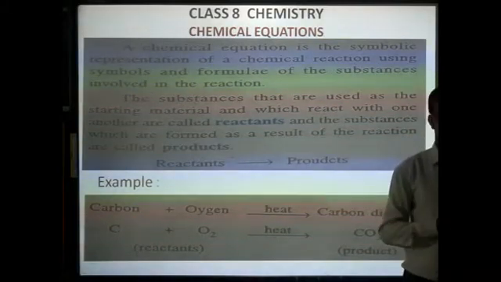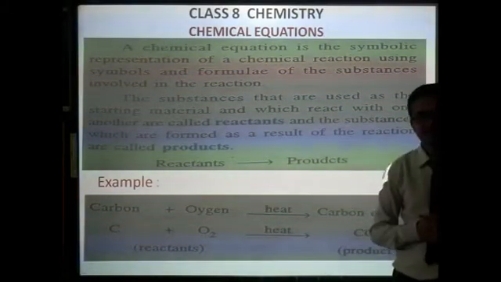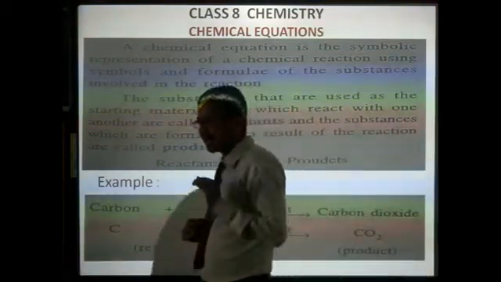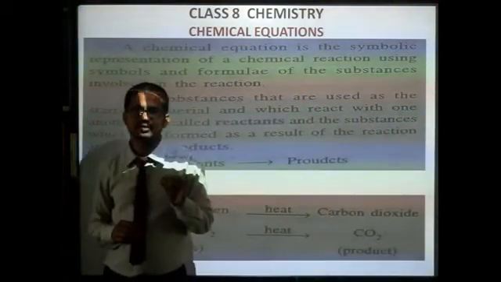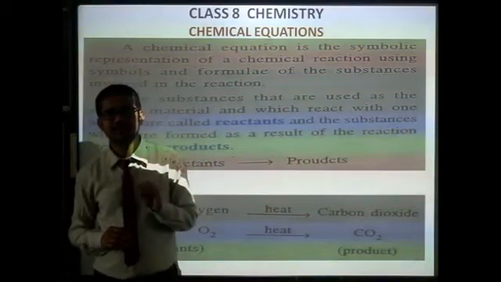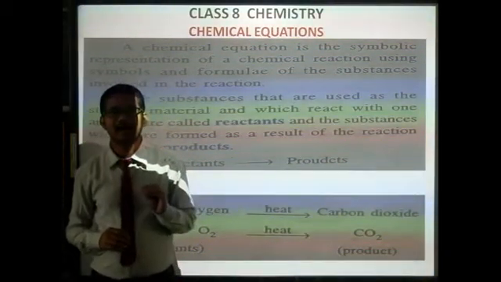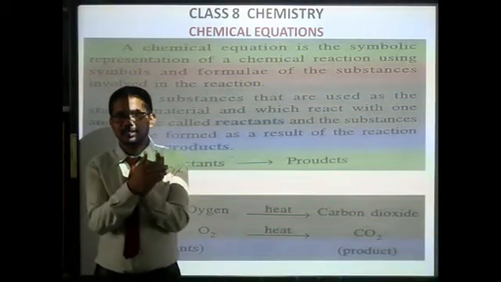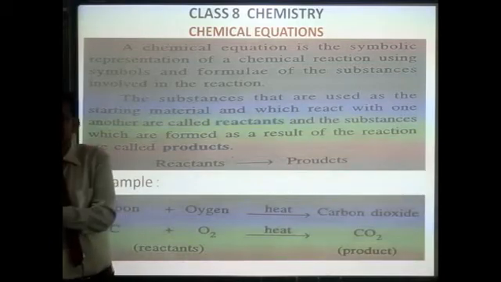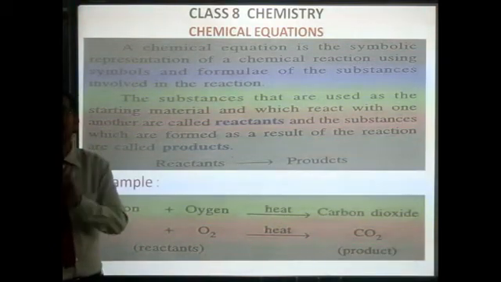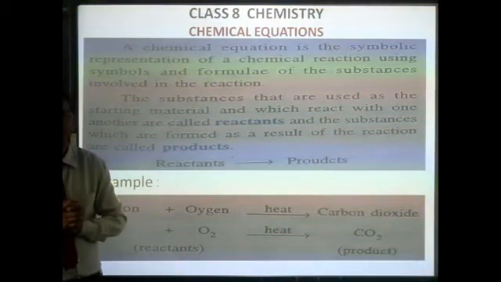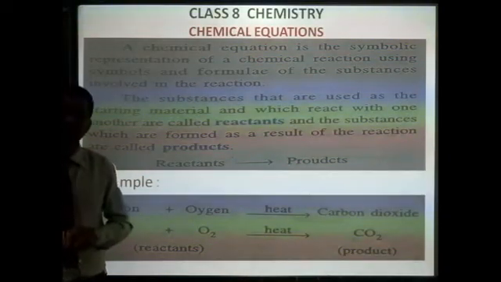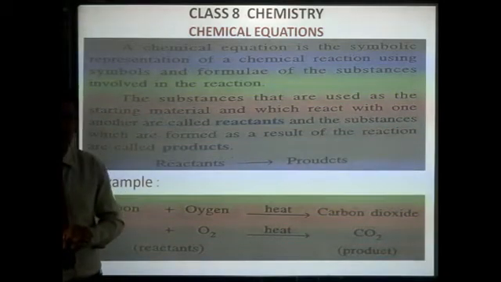And the substance that is formed as a result of this chemical reaction is the product. So reactants are those substances which undergo a chemical reaction, and products are the substances which are formed as a result of a chemical reaction.